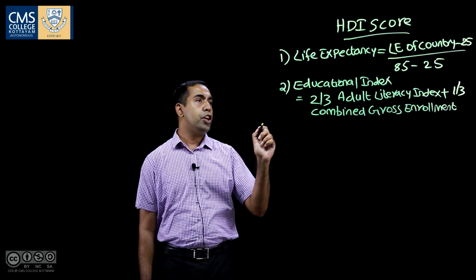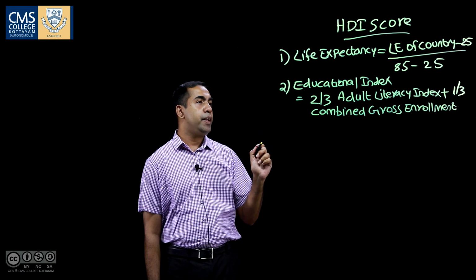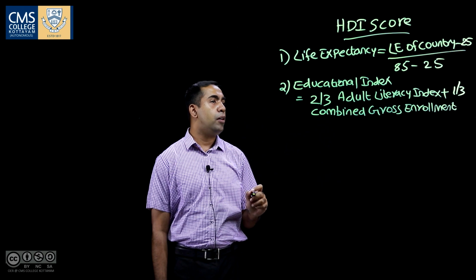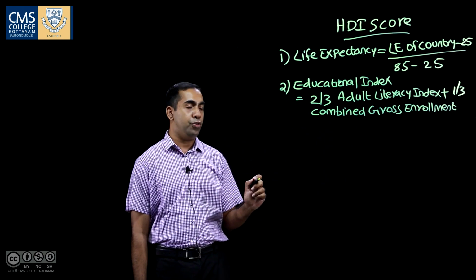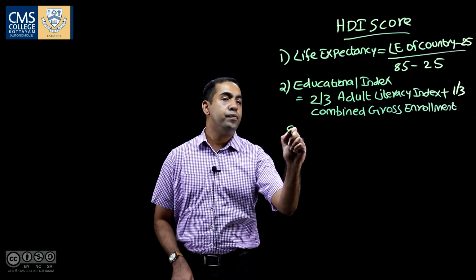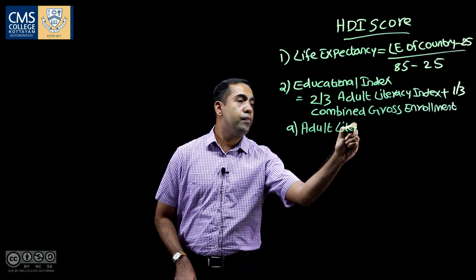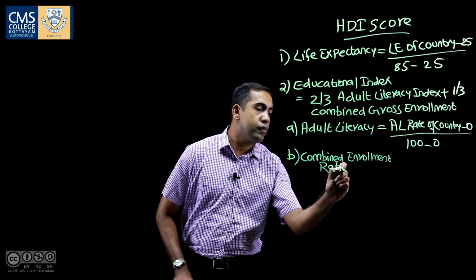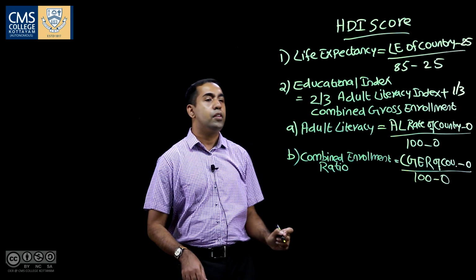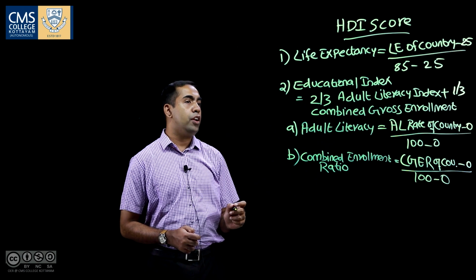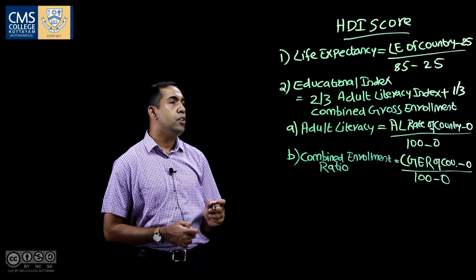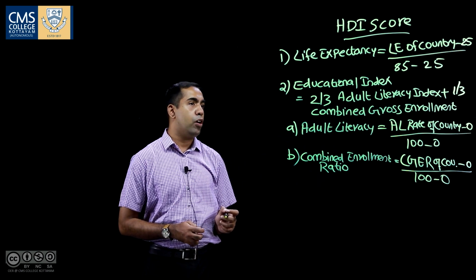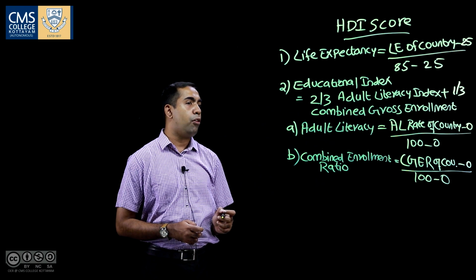So the educational index is 2/3 weightage of adult literacy index plus 1/3 combined gross enrollment ratio. So this is regarding the educational index. The general calculation is the 2/3 weightage of adult literacy index plus 1/3 combined gross enrollment ratio.